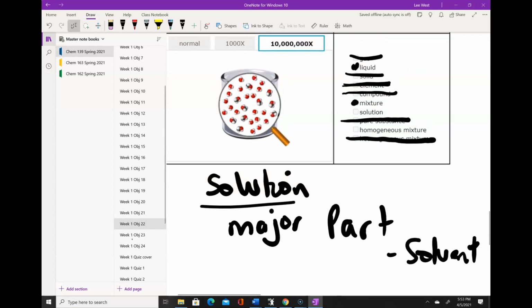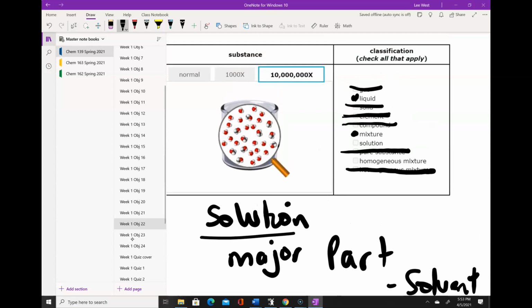So when I look here, what I see is 1, 2, 3, 4, 5, 6, 7, 8, 9, about 10 of the larger molecules, not being too precise, but I see way more than 10 of the smaller molecules. So I'm going to say that this guy is a solution. You've got one part that's much bigger in abundance than the other.